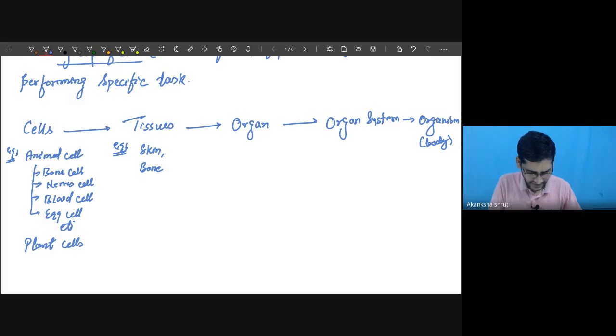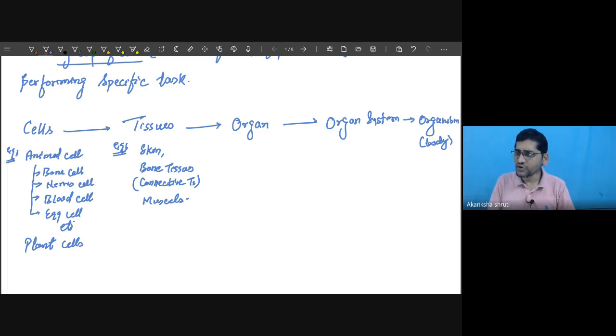Bone cells combine to form bone tissue. It is basically the fluid connective tissue or connective tissue that we will learn in this chapter. Many kinds of tissues are found in our body, like our muscles. Muscles are what? Muscles are a specific kind of tissue. Teeth, a specific kind of tissue.